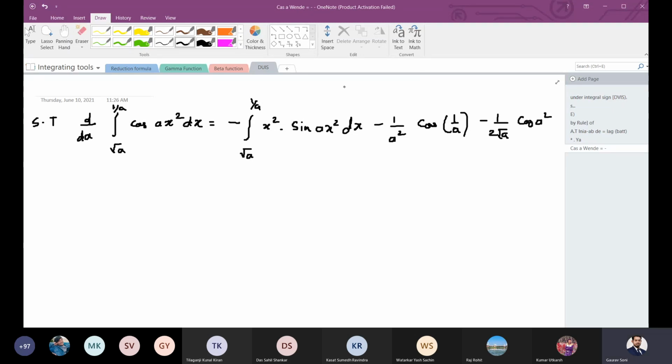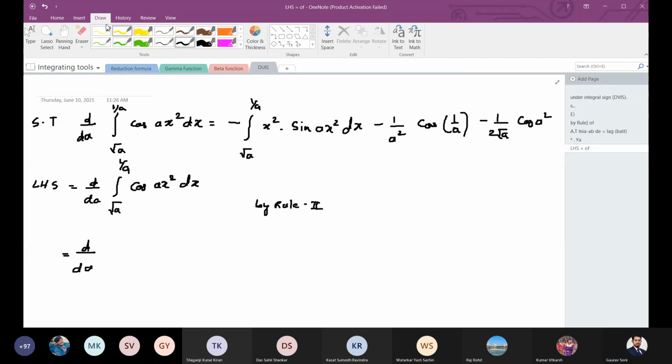So consider the LHS. What is our LHS? LHS is equal to d by dA of integration under root a to 1 upon a of cos of ax square dx. By rule number 2, I can take the derivative sign inside, but with that, I'll have to add the further terms.